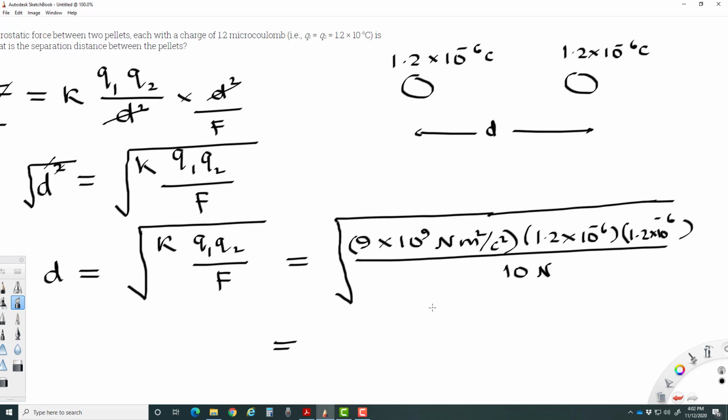So let's see. It's 10 to 9, not negative 9, for the value of k. I had plugged in negative 9 for the value of k, but the value of k is 10 to 9. So that gives me 0.036 meter. Okay, so that's the distance.